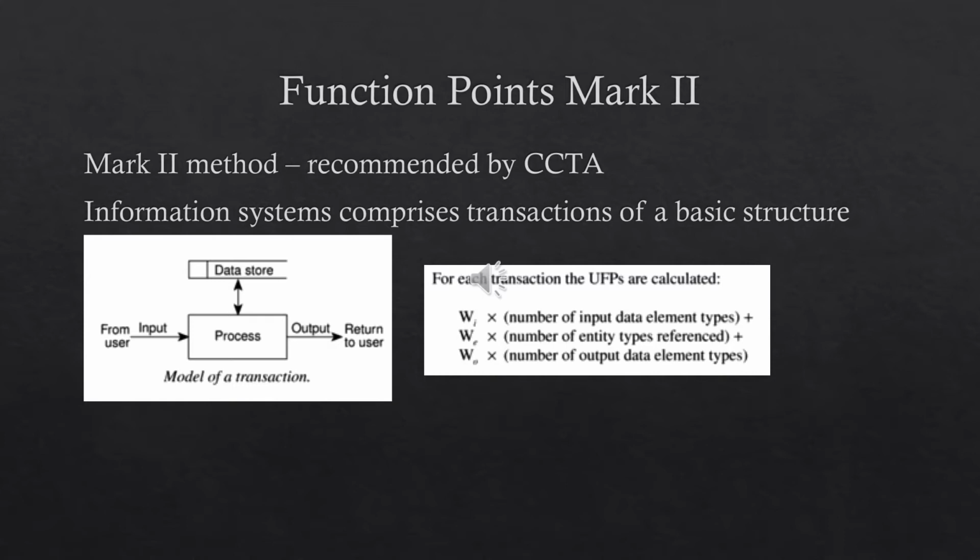So the weights are derived from the developers based on the historical projects they have already done. WI is derived from the inputs, WE is derived from the processes or the external entity types, and WO is derived from the outputs.